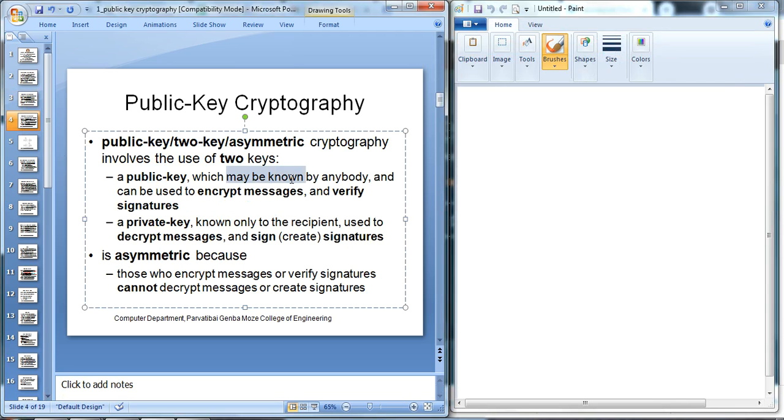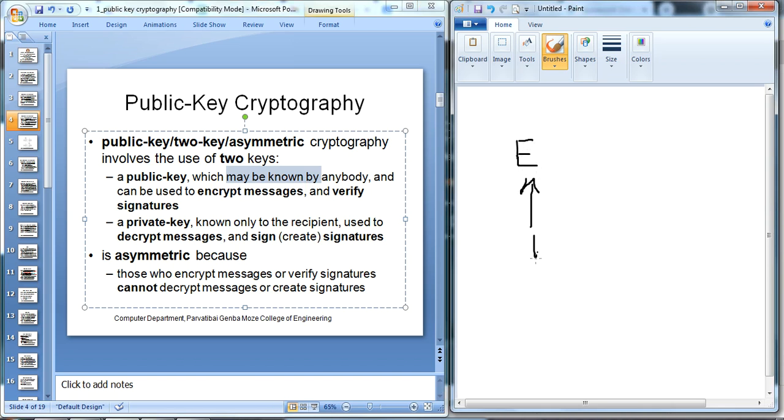The public key may be known by anybody. Basically, public key cryptography uses two keys. For encryption it uses one key, K1, and for decryption it uses another key, K2.